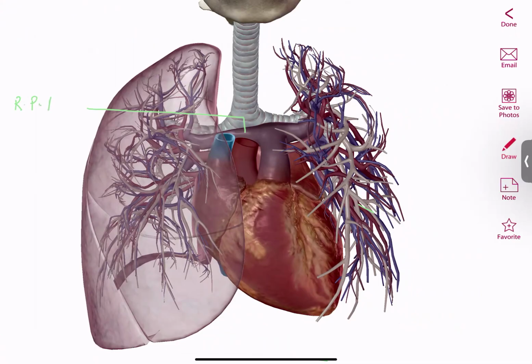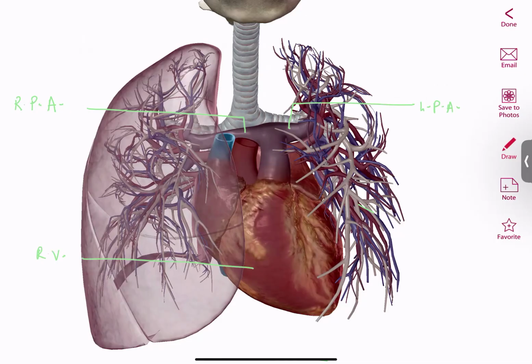I'll just write it as RPA, the right pulmonary artery. And this is the left pulmonary artery, LPA. So these pulmonary arteries arise from the right ventricle of the heart, RV, and carry the deoxygenated blood to the lungs for oxygenation.